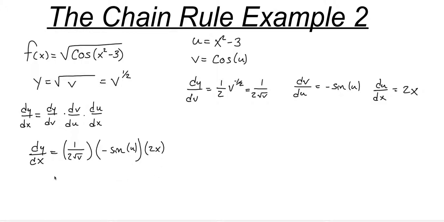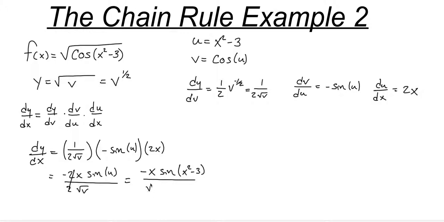Okay, and if I simplify that a little bit, I'm going to get negative 2x sine u over 2 root v. And I know the 2's will cancel there, and I can replace the u and I can replace the v. And so I'm going to get a negative x times the sine, and I know u was x squared minus 3.